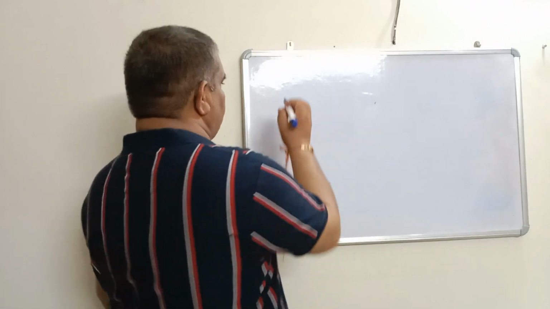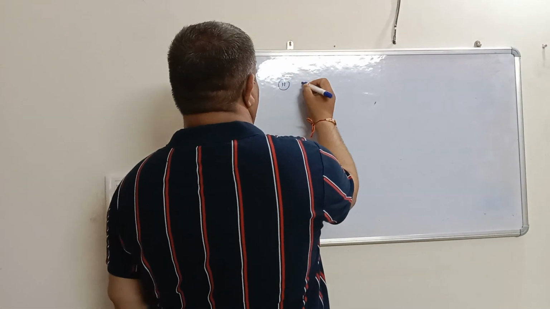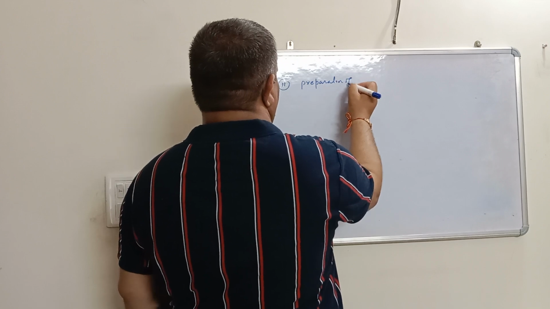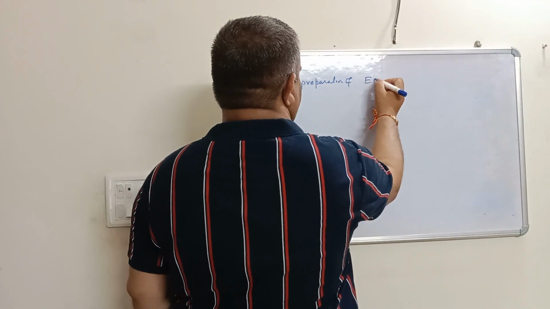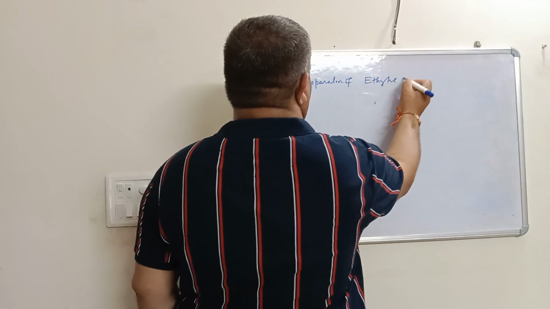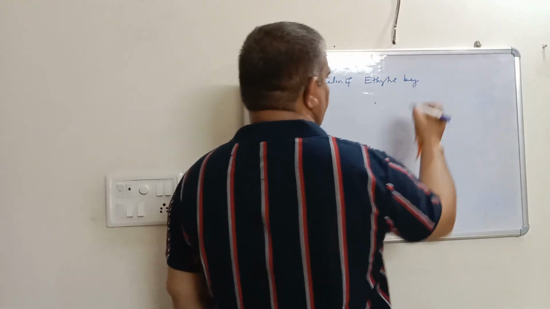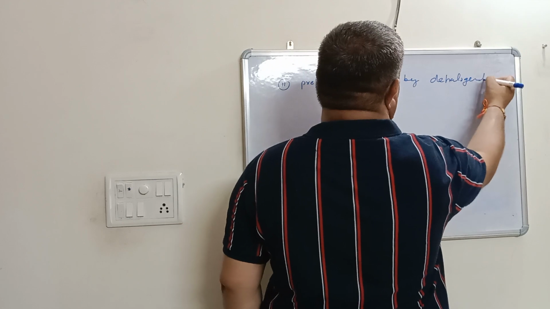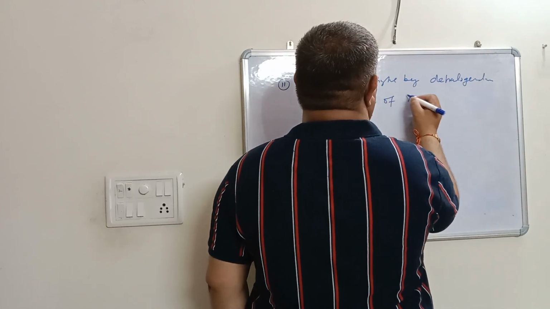Next method is the preparation of acetylene or ethyne gas by dehalogenation of iodoform.